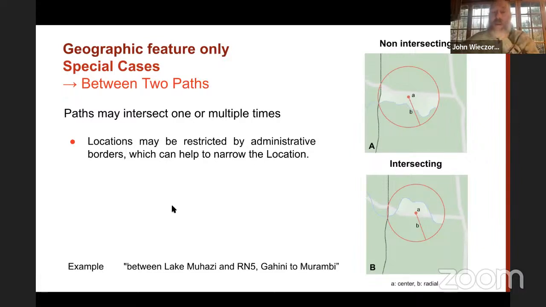So in the A diagram at the top, one delimiter is a road going east-west, and the other one is a stream or some other small water body also going east-west, and the description says it's between those two things. In B, it's the same kind of description, but it's interesting because the road and river cross in a couple of places, and so between switches sides depending on where we are on that intersection. And so that makes for an interesting special case for georeferencing.